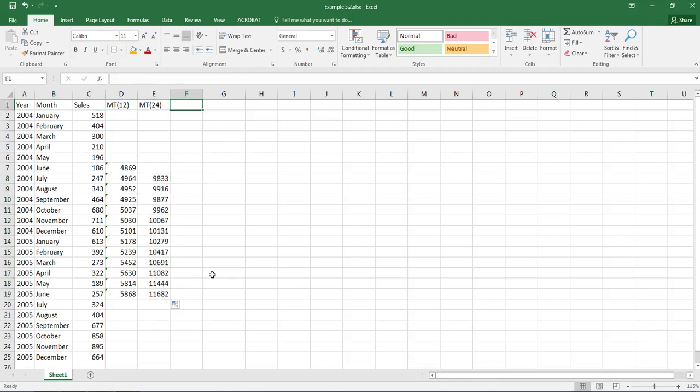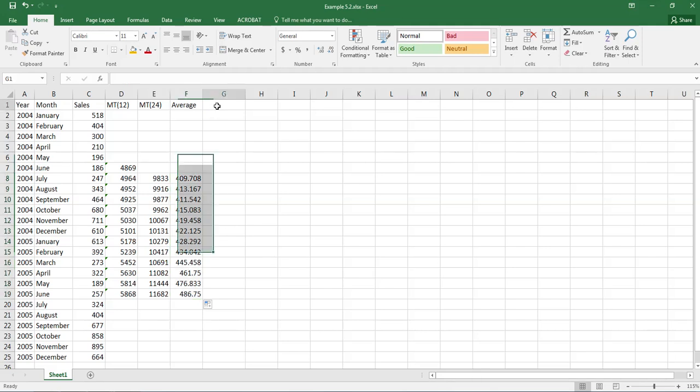Then we can find the average for each month. Be careful, here we use the moving total for 24 months over 24. Because we have 2-year data, we have one average for each month.